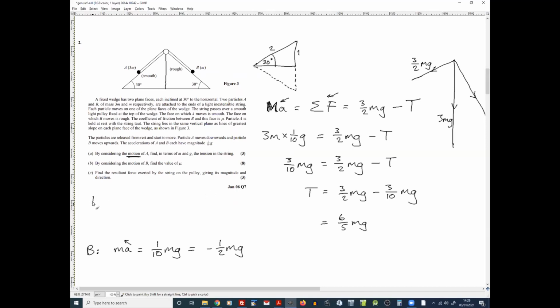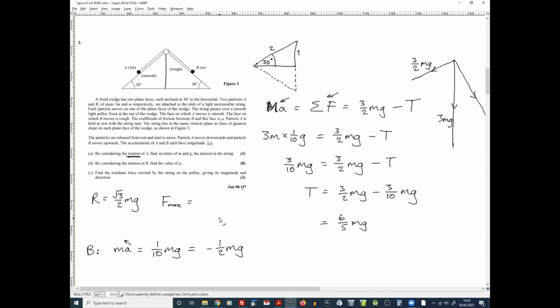If the reaction is root 3/2 mg, we can get the friction. F max is going to be a reaction force, so mu equals F over R. Are we given mu? No, we've got to find it now. So we'll call it mu.